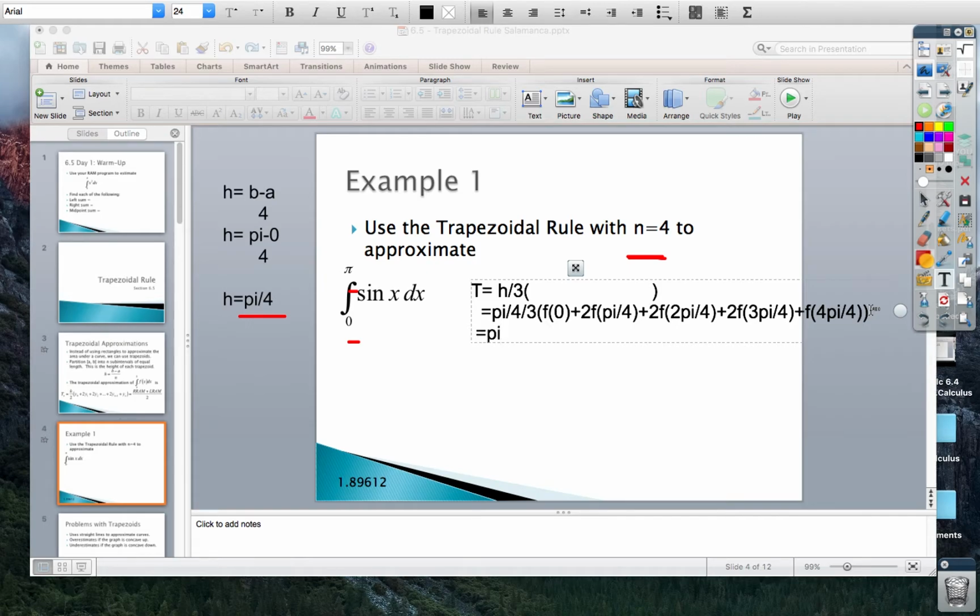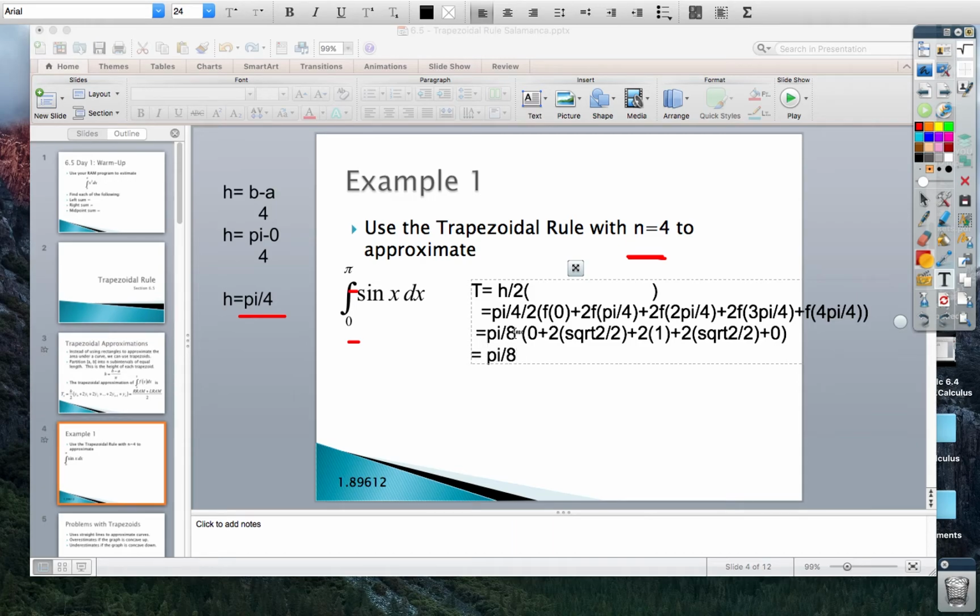So we're going to go ahead and simplify a little bit. This turns out to be pi divided by, I did it again, sorry guys. This 3 should really be a 2 because it's the trapezoidal rule and not the Simpson rule, which we're going to talk about in a second. So this should be pi divided by 8 times f of 0 is just 0, plus 2 times square root 2 divided by 2, plus 2 times 1, plus 2 times square root 2 divided by 2, plus 0.